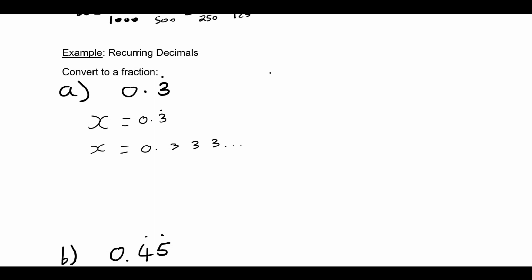Now, I have one repeating digit. I've got one digit that recurs or repeats. And what that means is I need to times both sides by 10, because 10 has one 0 in it. Essentially, we have one repeating digit, so we times both sides by 10.